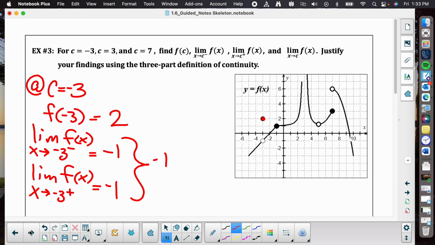So what didn't happen here? They weren't the same. Okay, good. Essentially, all four of these things have to be the same number, and then it would be continuous. So we would say it is not continuous at -3, or looking at the picture, it's clearly not. I would have to lift my pencil up to go to the next section.